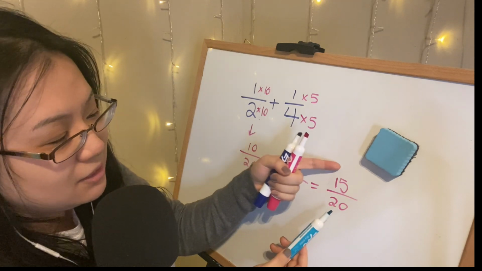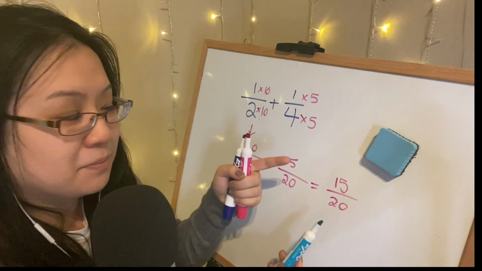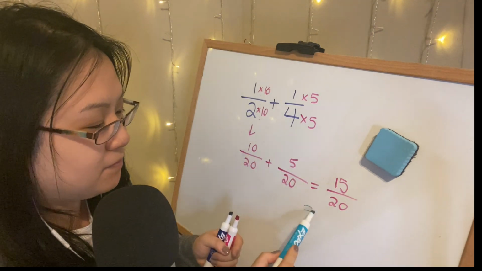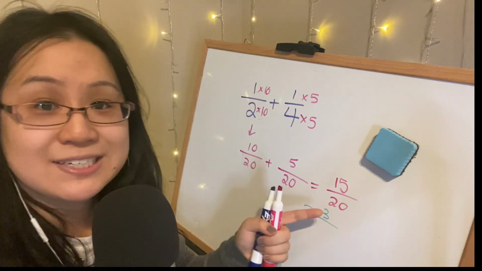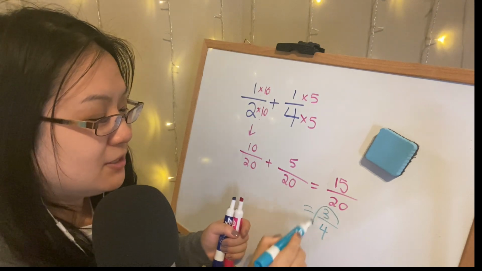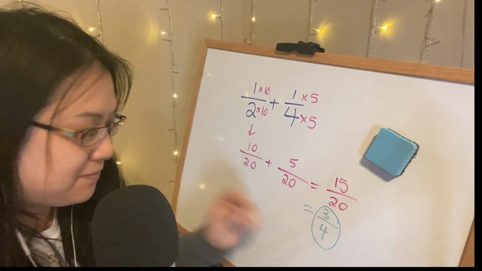I might see that I have a factor of 5 in the top and the bottom, as in 15 divided by 5 is 3, and 20 divided by 5 is 4. So we still get our 3/4 at the very end, okay?